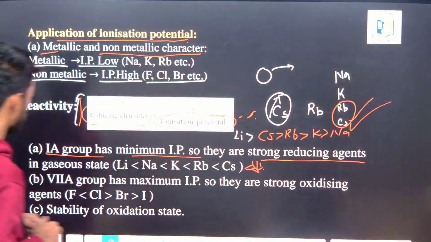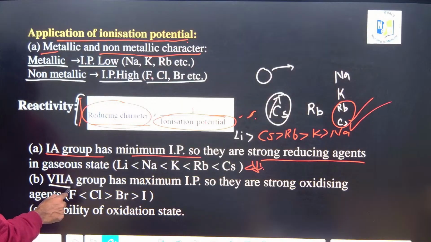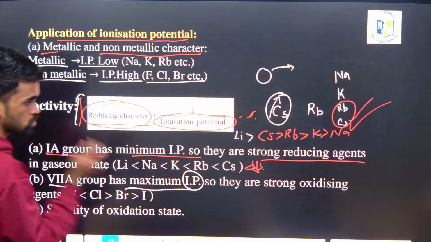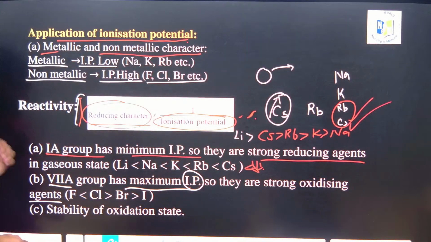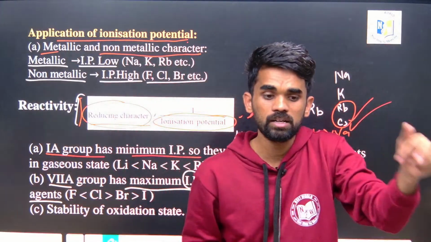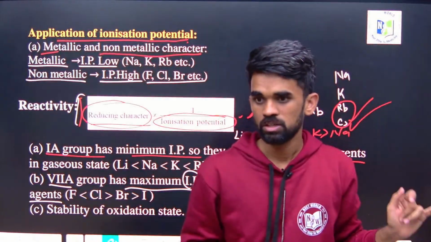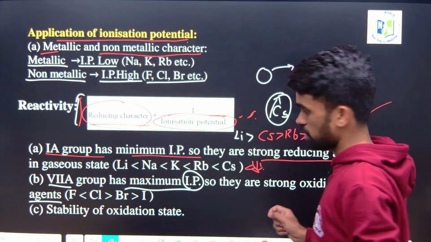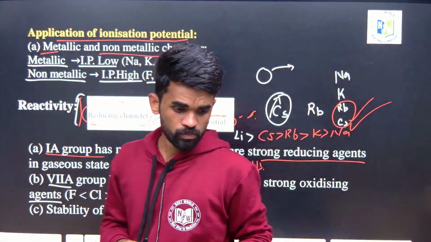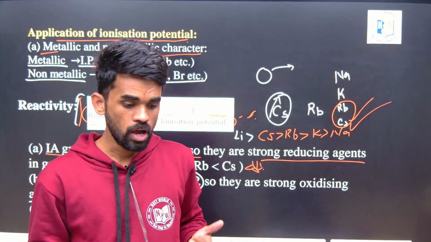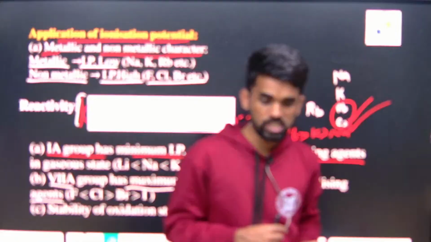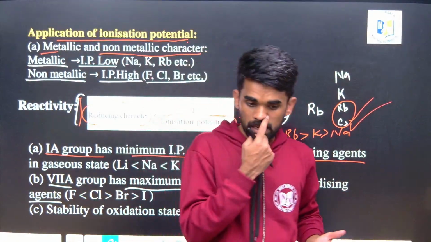Next. Seventh A group elements, the halogens, have maximum ionization potential, so they are strong oxidizing agents. Low ionization potential, strong reducing agents. High ionization potential, strong oxidizing agents. Write that note. Low ionization energy, strong reducing agents. High ionization energy, strong oxidizing agents.